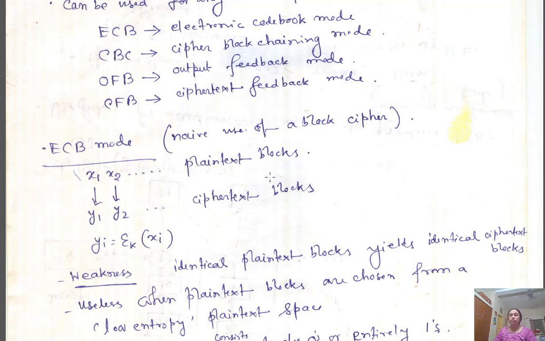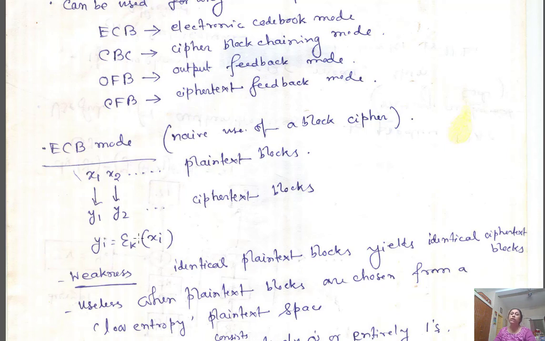Specifically, we have two things to remember while designing a block cipher: one is confusion, another is diffusion. What is confusion? Confusion means that there should be no clue about the relationship between the key and the ciphertext.